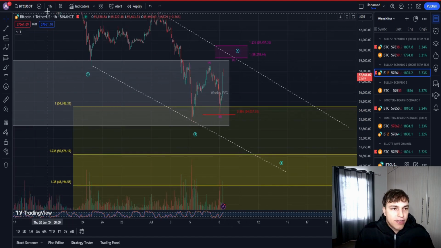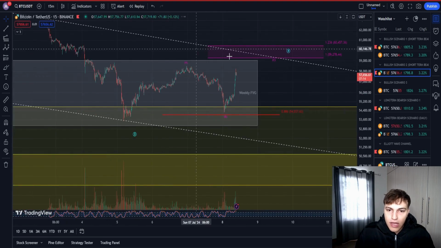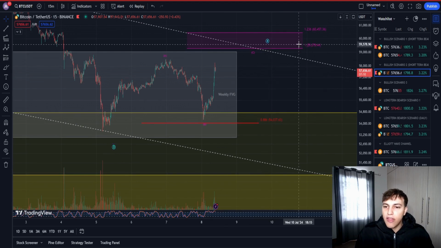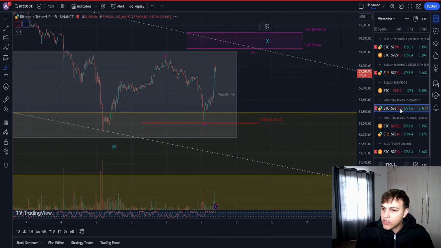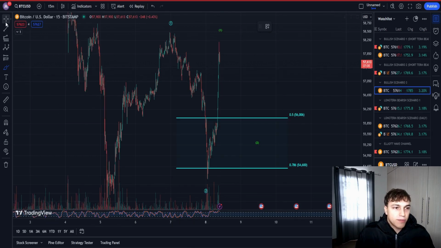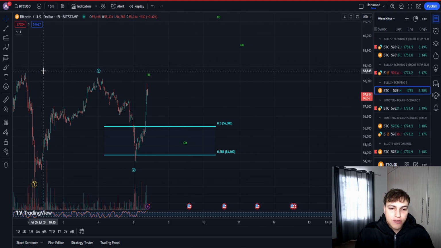And on the 15-minute time frame, at the moment, I would still just wait for that 1-to-1 in the 4th wave to be hit. If we do see this starting to play out, this one here, I would wait for this wave 2 to enter a position, the green wave 2.